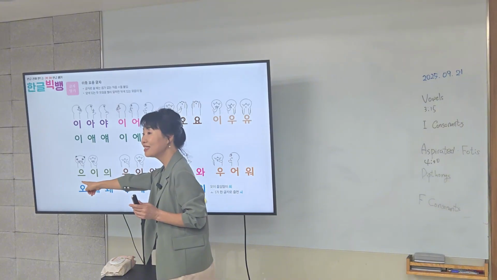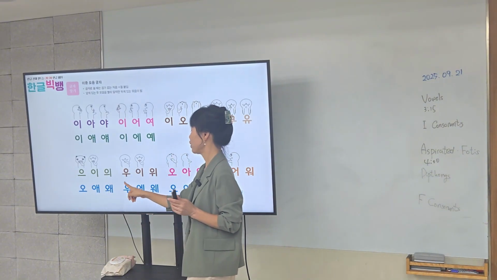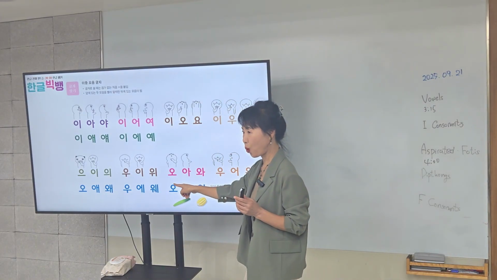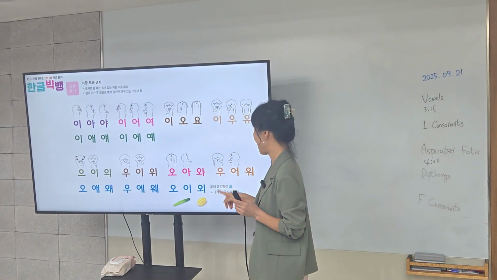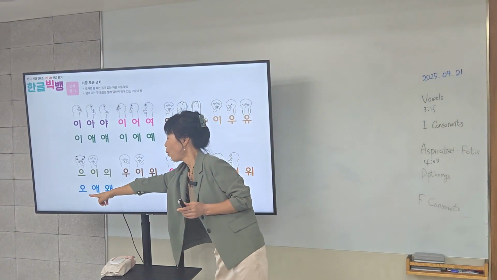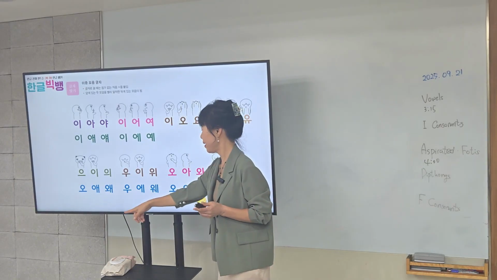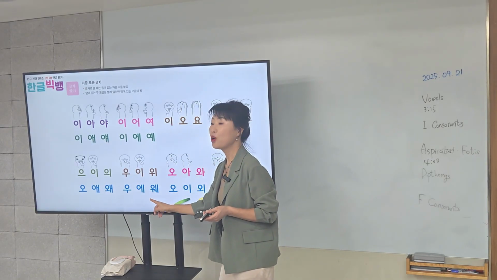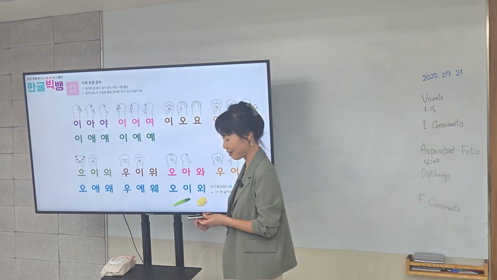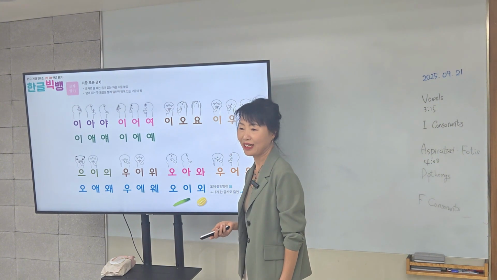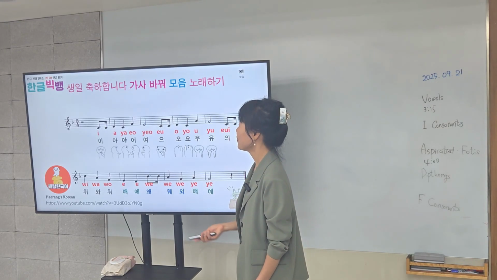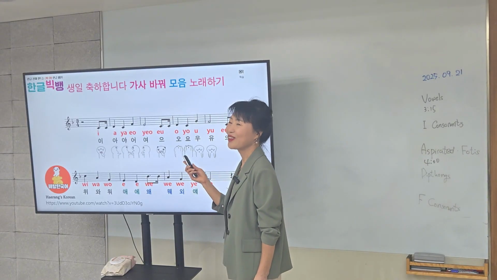And 이, 의, 우, 이, 위, 오, 아, 와, 우, 어, 워. Okay. 오, 에, 왜. Good. 오, 이, 왜. Good job. So diphthong is not difficult, right? Just a combination. So 이, 아, 야, 어, 여, 으, 오, 여, 우, 유.